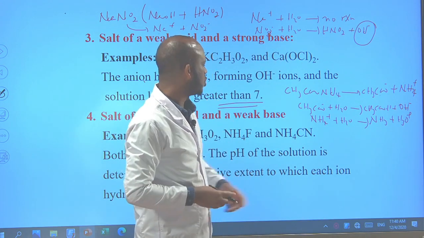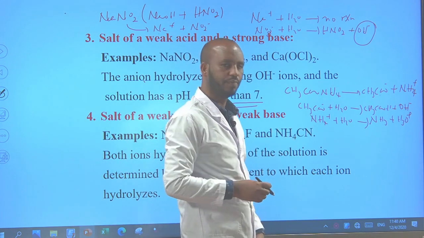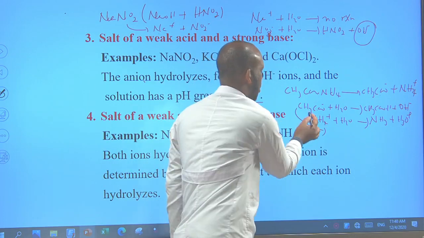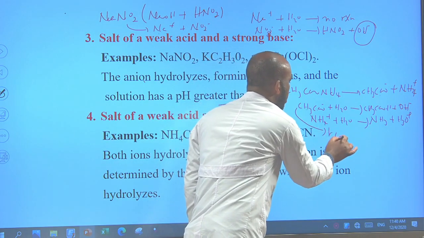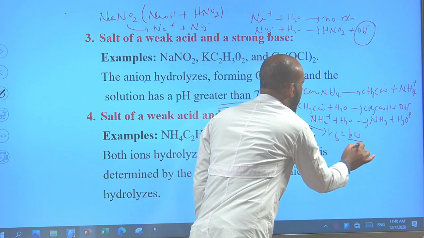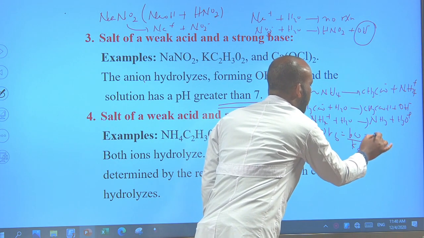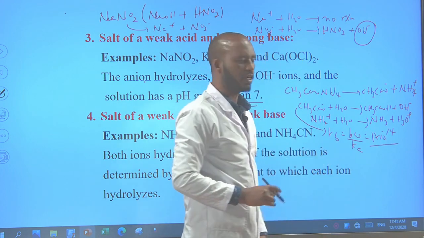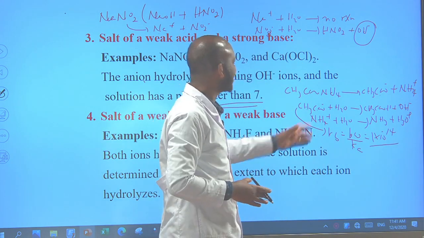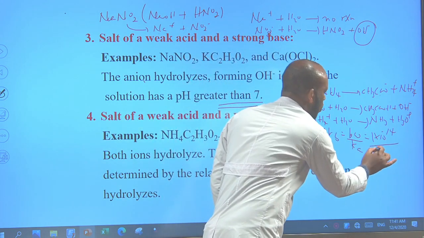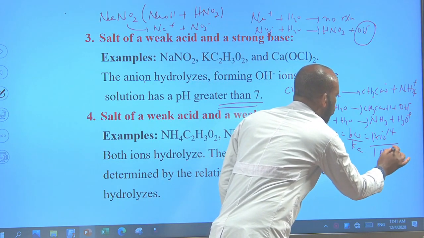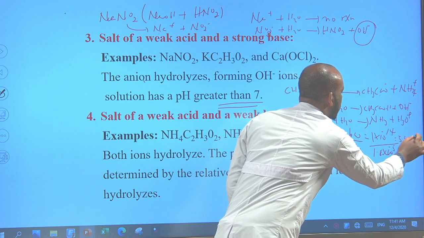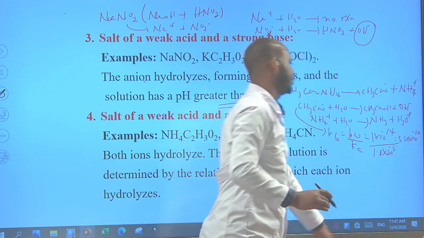Now, the dissociation constant of this base, which is the conjugate base of the weak acid, acetic acid: K base equals K water divided by K acid. K water is 1 times 10 raised to minus 14, divided by K acid of the parent acid, acetic acid. Its dissociation constant is 1.8 times 10 raised to minus 5. This is 5.56 times 10 raised to minus 10.